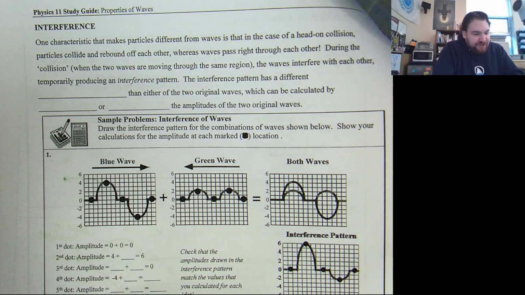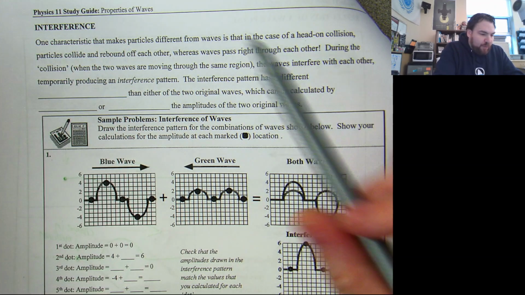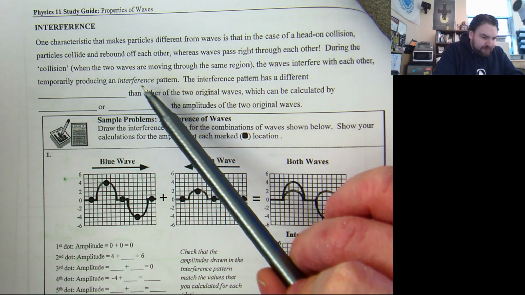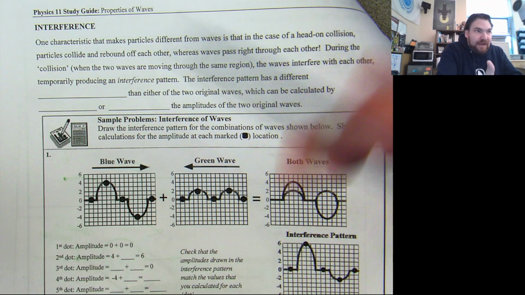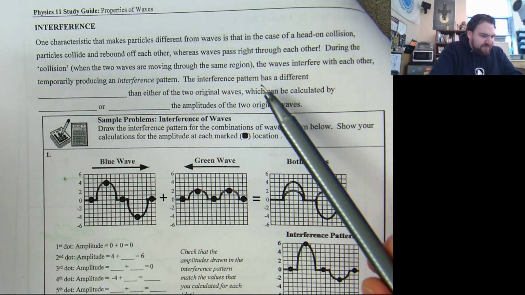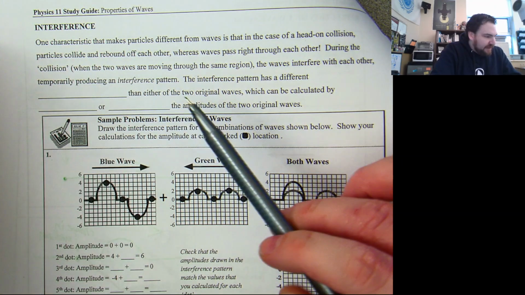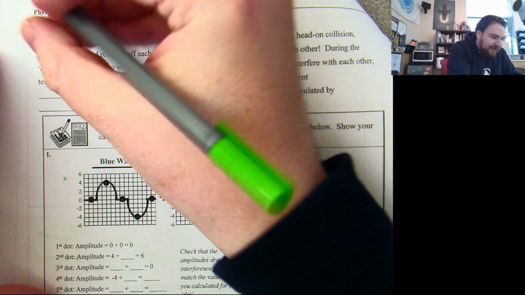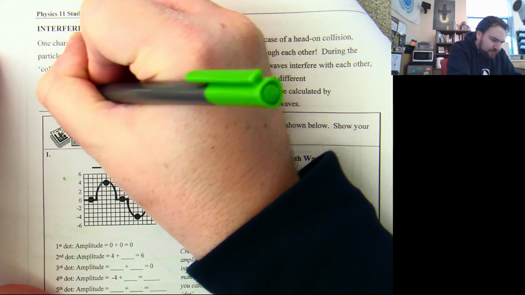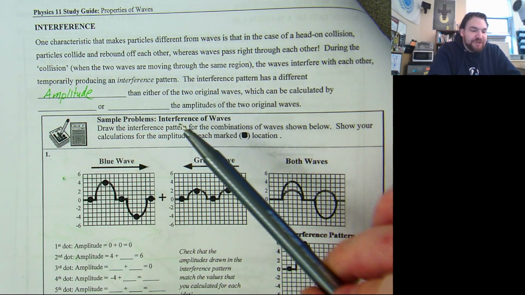During the collision of the two waves, they interfere with each other in what we call an interference pattern, but each section of wave is allowed to continue moving in the direction it was originally moving in. The interference pattern has a different amplitude than either of the two original waves.